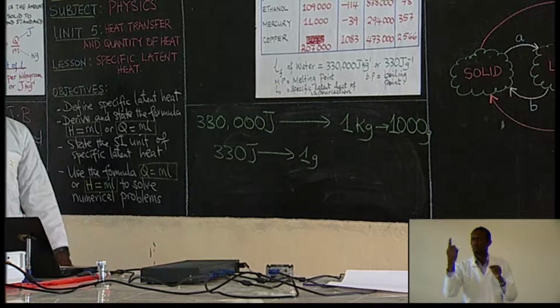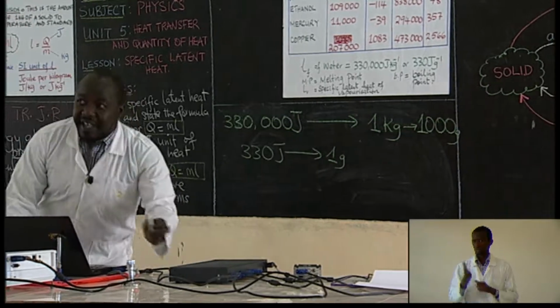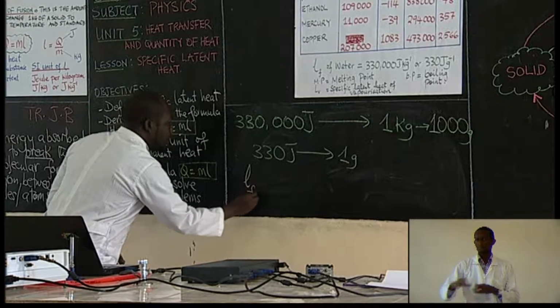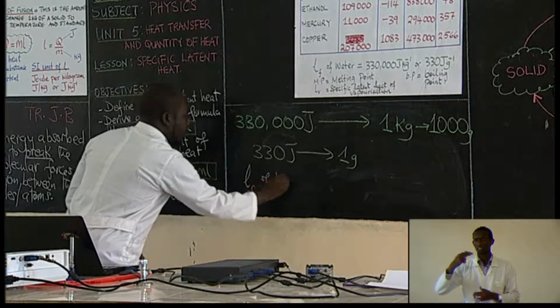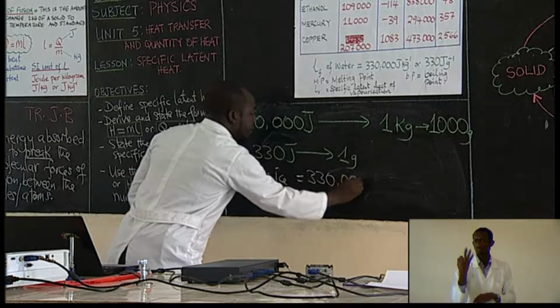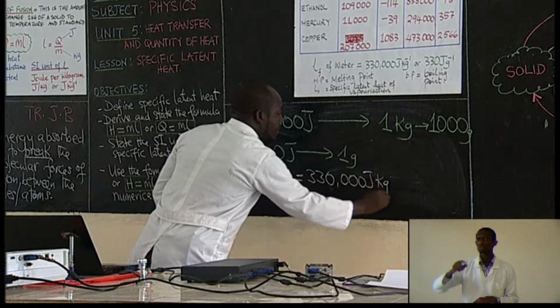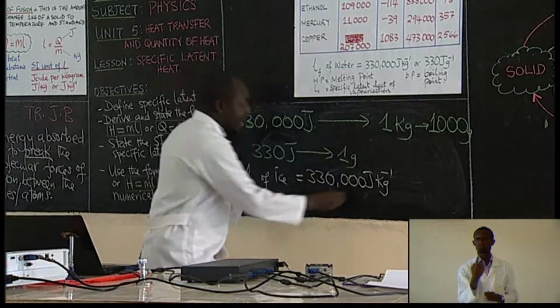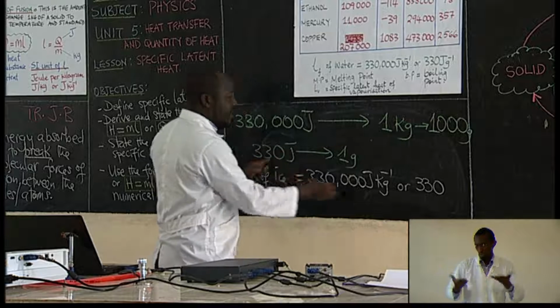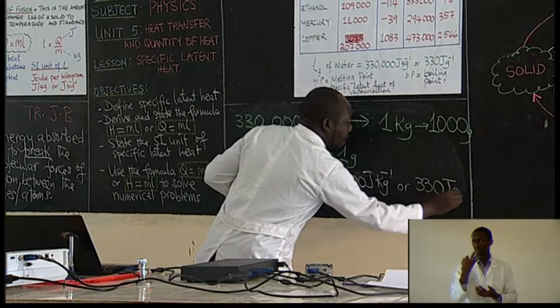1 gram. And that leads us to the next statement, which is: specific latent heat of fusion of ice is equal to 330,000 joules for every what? Kilogram. But we can also state it as 330 joules for every what?